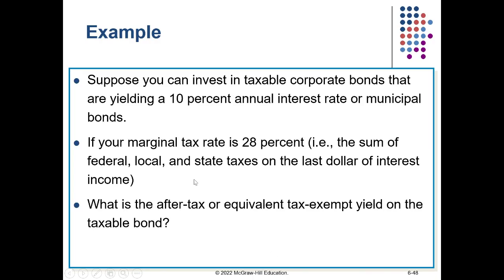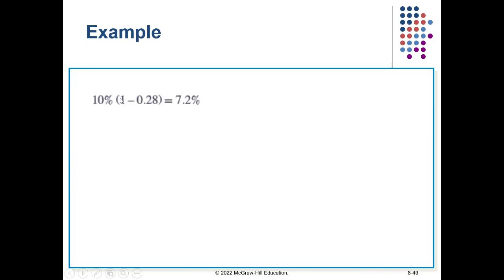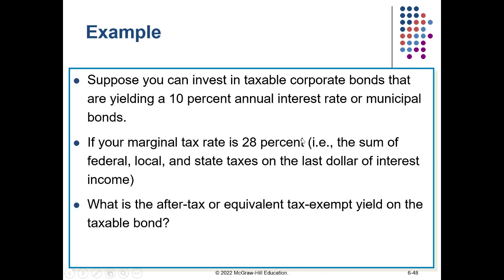If the tax rate is 28%, the after-tax yield is just 10% times 1 minus 28%, so it's 7.2%. That means investing in this taxable corporate bond that gives you 10% is equivalent to investing in a municipal bond that gives you 7.2% yield, because for the corporate bond you have to pay 28% tax, while for the municipal bond you don't pay tax.